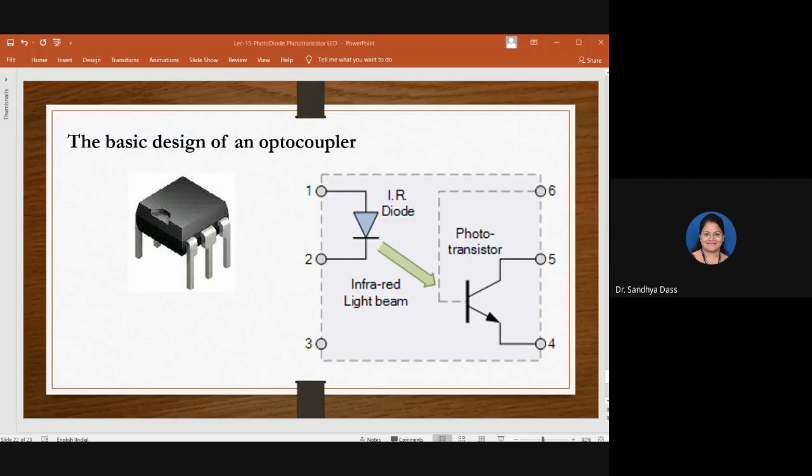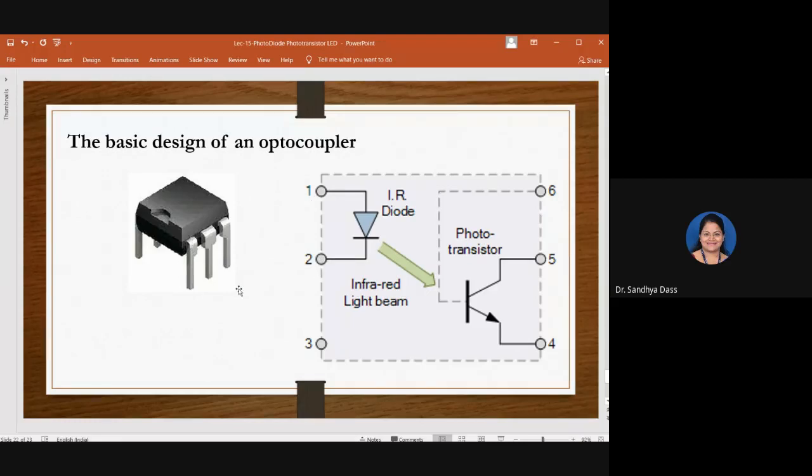As you can observe here, inside this body, shown as the optocoupler with the metal legs, is the electrical circuit of the LED and the photosensitive device. The metal legs are used in the electrical circuit for connections.